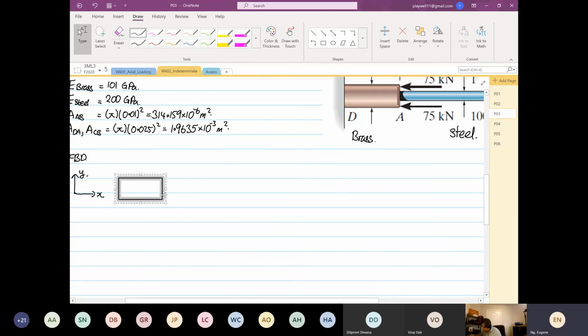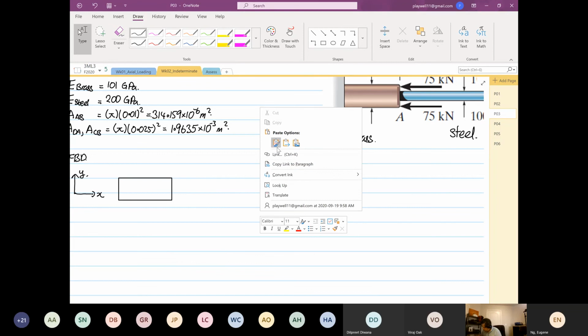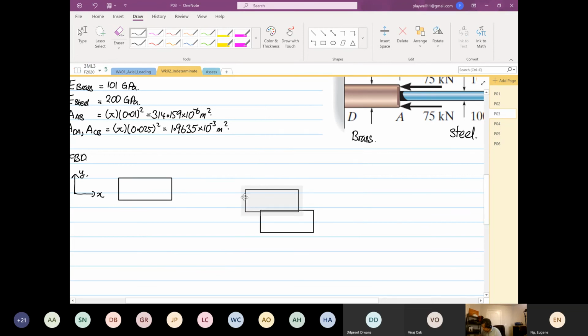We have one section like this. Whenever I do drawing, there's something wrong. Interesting. Okay, so this is our brass section. Then this is our steel.